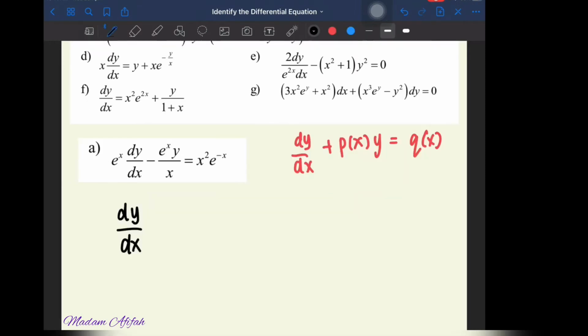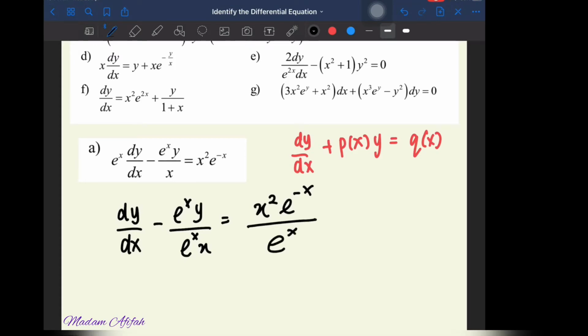How to get rid of this exponential function is by dividing all by e^x, so that you will have dy/dx minus e^x y over e^x x equals x squared e^(-x) over e^x.